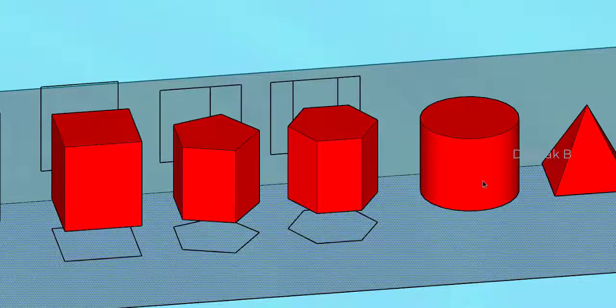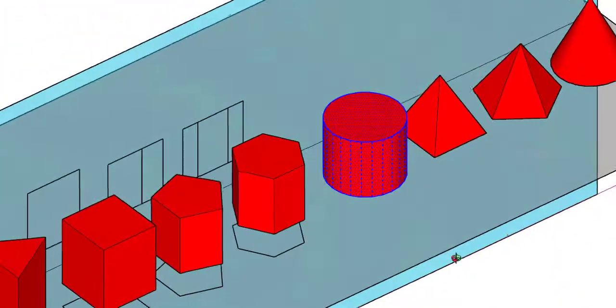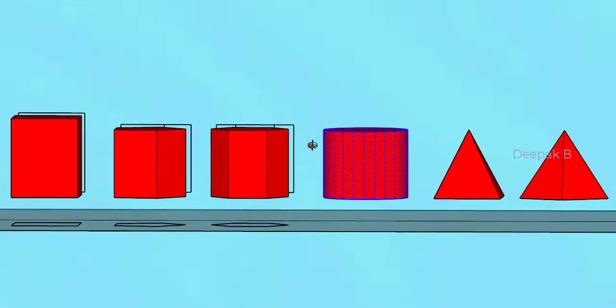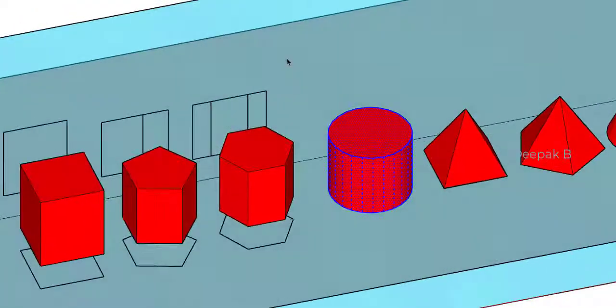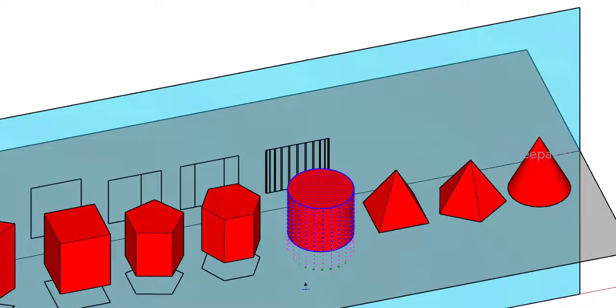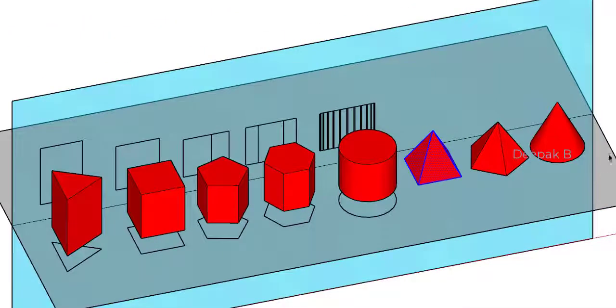Now the next one is the circular cylinder. As you will already know, if we are viewing from the front, all we are seeing is a rectangle. So in the projection also you will be getting a rectangle, and from the top what you have is a circle. Moving on to the square pyramid.